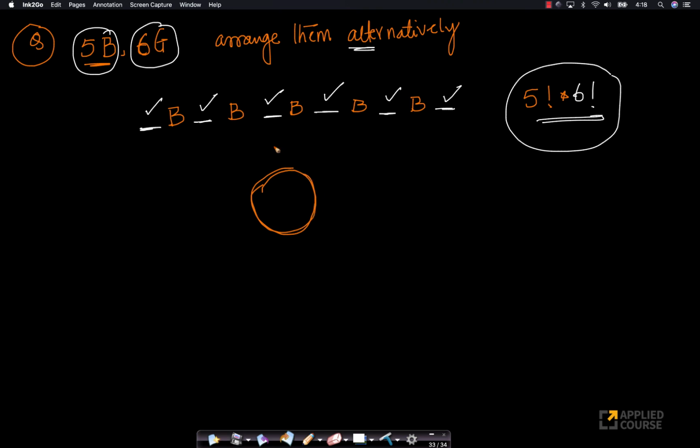Imagine if I have to arrange these people in a circular fashion, what happens? Those are called circular arrangements. Okay, let's see how they work. It's a very interesting part of permutations. Let's understand this with examples. So imagine if I have 5 boys. I want to arrange them at a circular table.